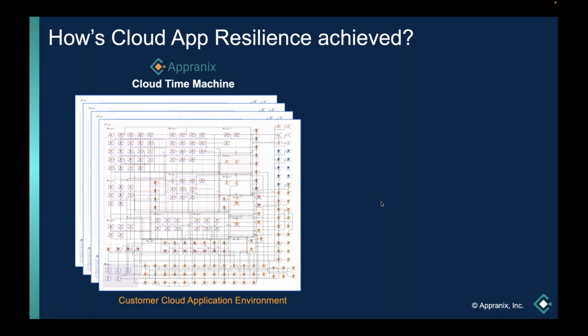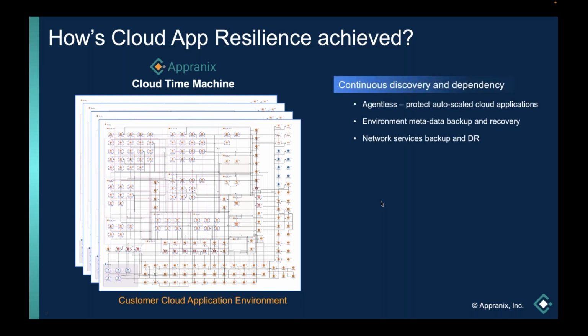Appranix maintains that cloud time machine with no agents installed. Because if you start putting in an agent, I don't want to go down the route of agents, right? It's just an old mechanism, a legacy approach. You get some benefits, but at least from a resiliency perspective, it negates the purpose, and you don't have to.